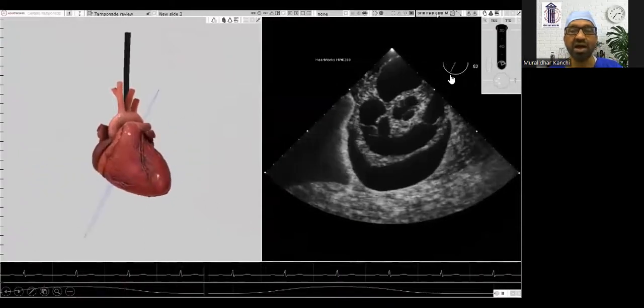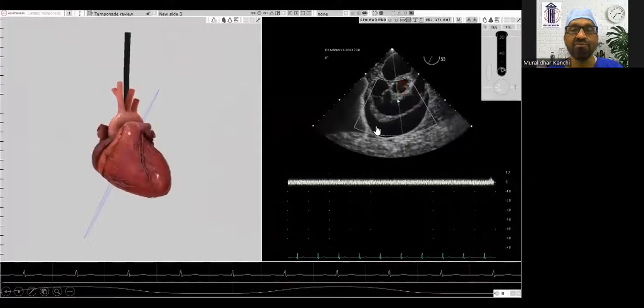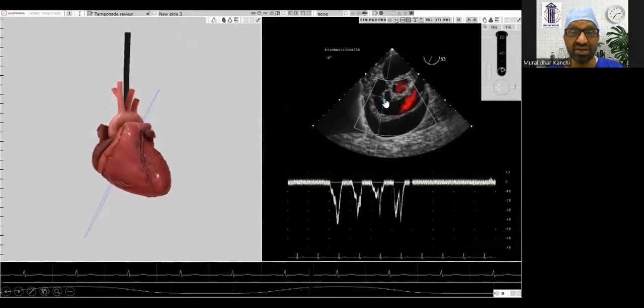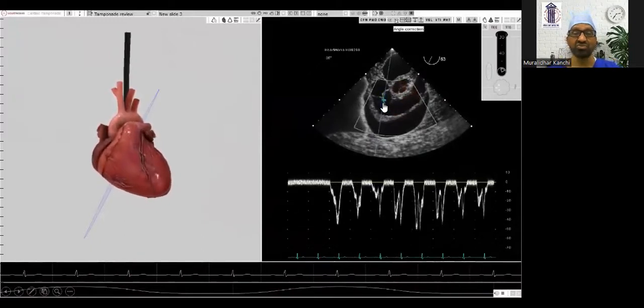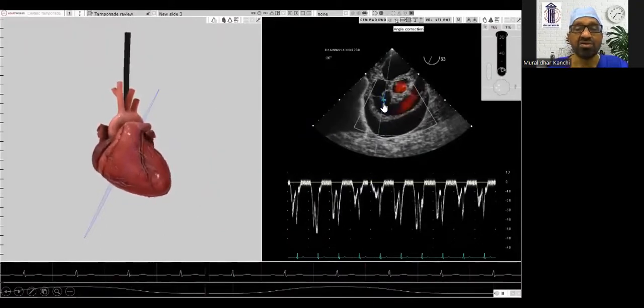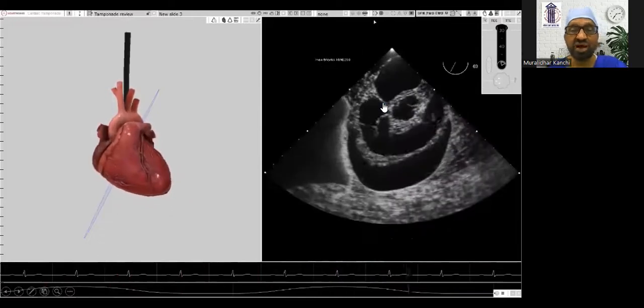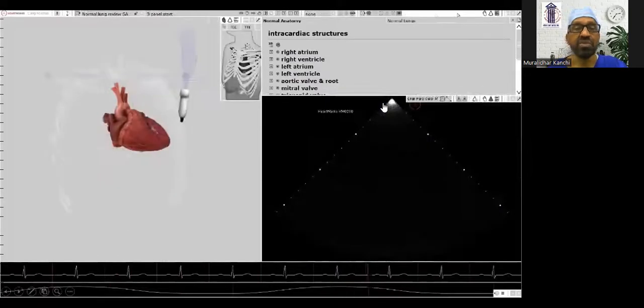By increasing the angle to about 40 degrees, we get the aortic valve short axis view with the tricuspid valve. We can interrogate the tricuspid valve and use pulse wave Doppler to look at the tricuspid inflow velocities in a virtual situation. So this is a very easy method to communicate to the candidate who is trying to learn about the basics of transoesophageal echocardiography.